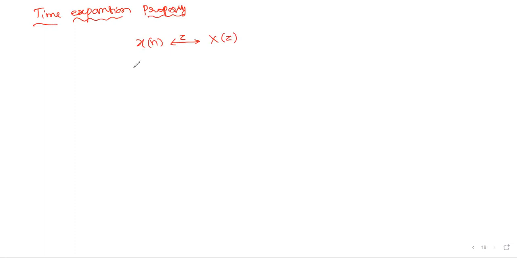Here you need to be careful. This is also an important property, because if you understand all the properties, it will be helpful in your examination. So try to understand all the properties.